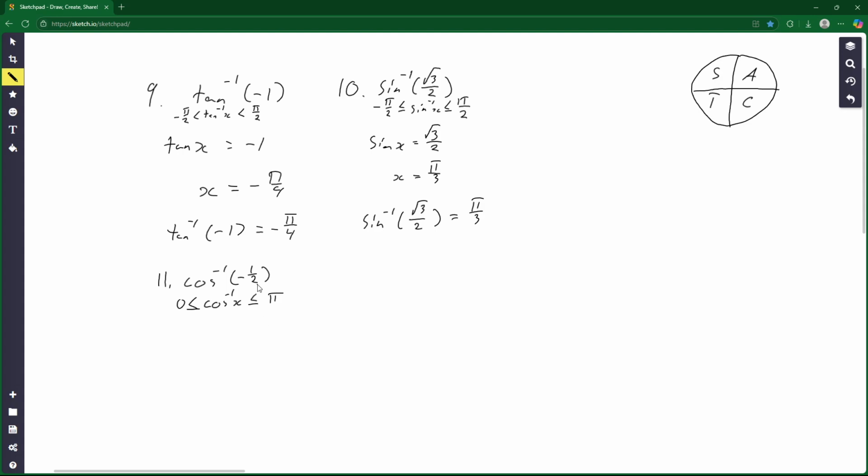Now we see that it is 1/2, so what x do we need to make a negative 1/2? X would have to be, I believe, 2 pi over 3.